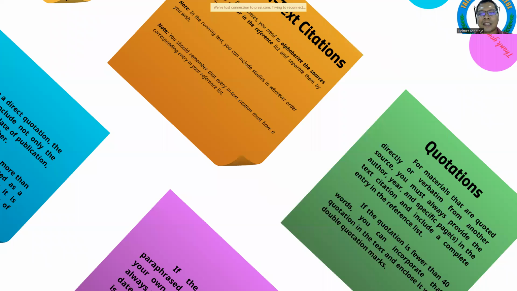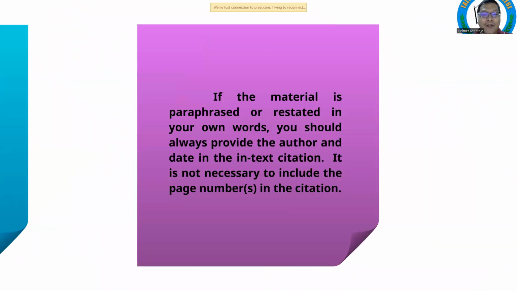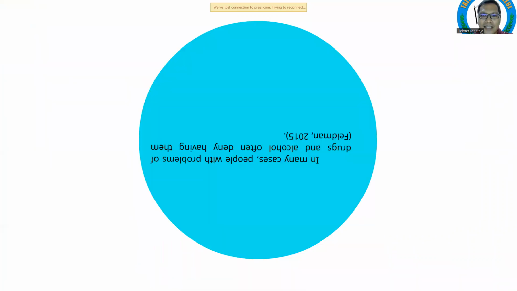159. If the material is paraphrased or restated in your own words, you should always provide the author and date in the in-text citation. It is not necessary to include the page numbers in the citation. Again, whether the material is paraphrased or restated without changing its meaning, you still need to provide the author and date in the in-text citation.